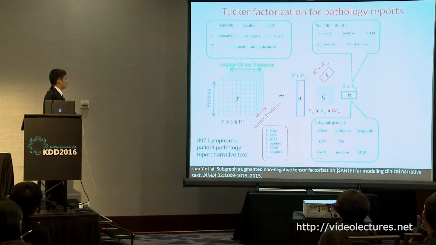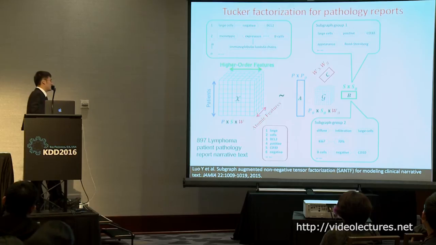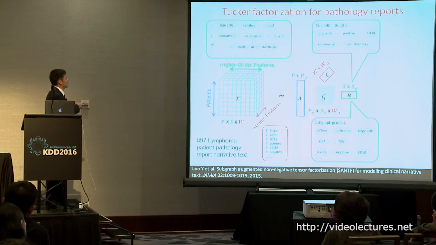One mode is the patient. The second is the atomic features, which are just words. And they also have high-order features like the language graph, where three words usually appear together, so they have some groups of words that appear together.